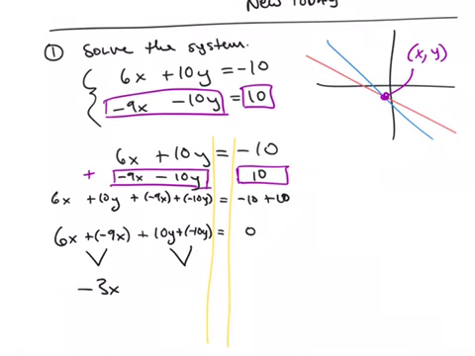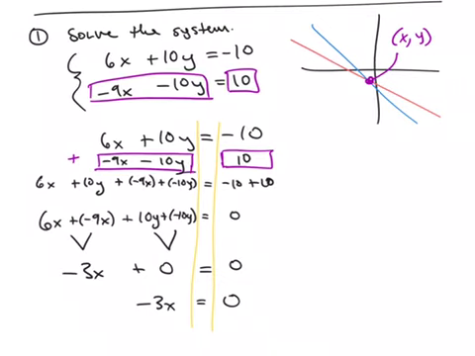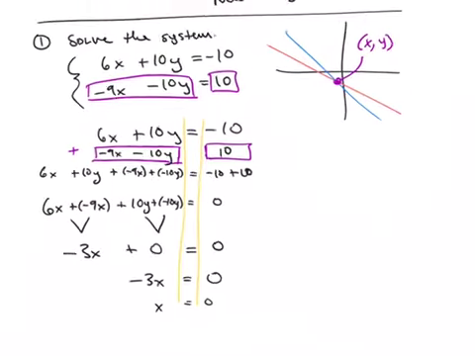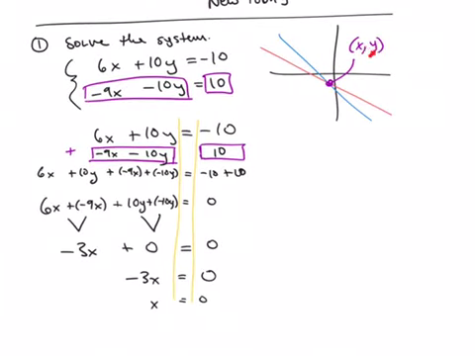Positive 10y plus negative 10y is 0. So I get negative 3x equals 0, and indeed, I have turned the original equation into a one-variable equation, and that means now I can solve this equation, x is equal to 0. And of course, I am looking for the xy pair that solves both equations at the same time, so I only have one part of my solution, the x part of my solution.